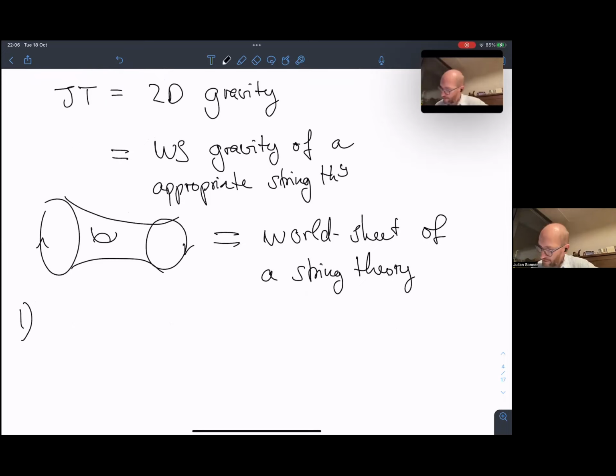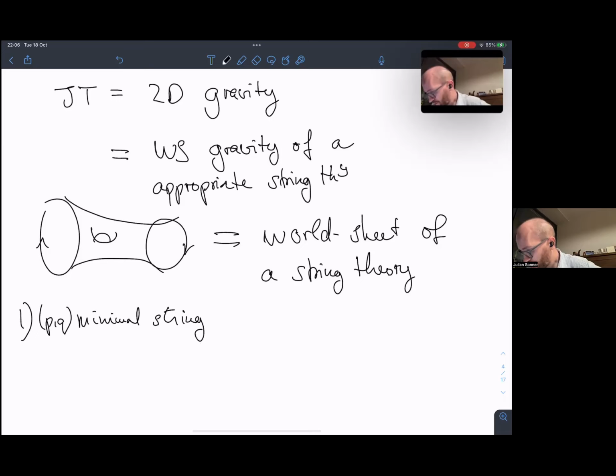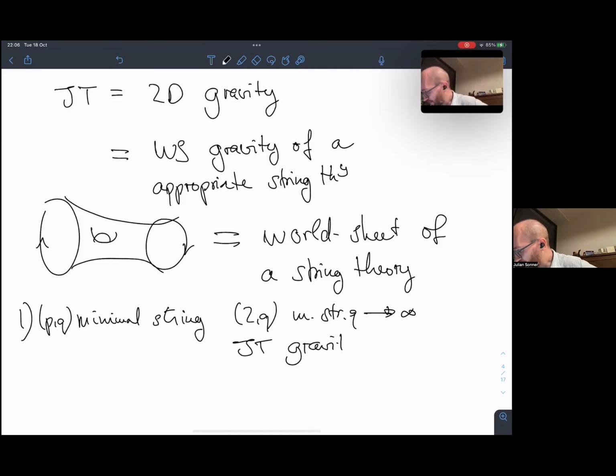And that's, you can actually write down what's called the minimal string, the so-called PQ minimal string. In fact, you want to go to what's called the 2,Q minimal string, and you want to take the limit that Q goes to infinity. And that gives you JT gravity as the worldsheet theory of this string.